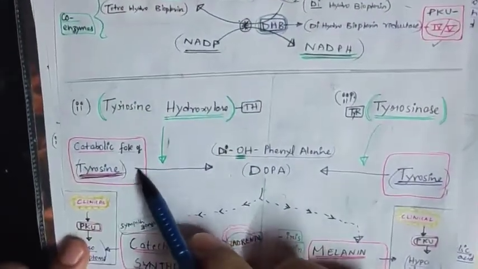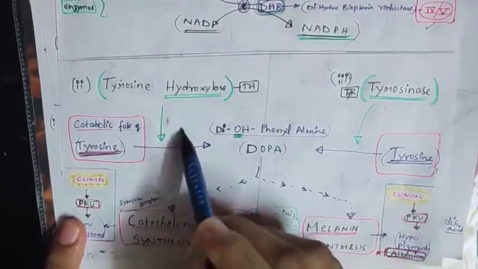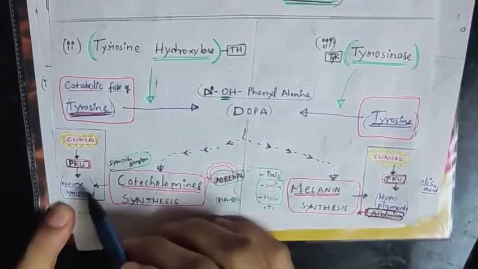Thereby this catabolic fate of tyrosine is stopped. When this catabolic phase of tyrosine is stopped, what will happen? These further steps will not take place. So the catecholamine synthesis and the melanin synthesis will be inhibited. When the catecholamine synthesis is inhibited, what will happen? The neurotransmitters will be lost, so we'll get neurosymptoms.